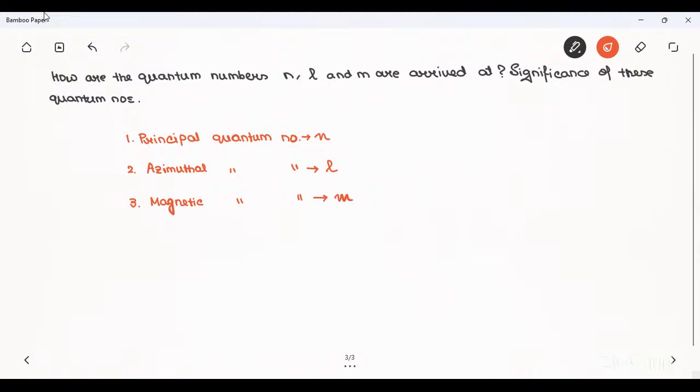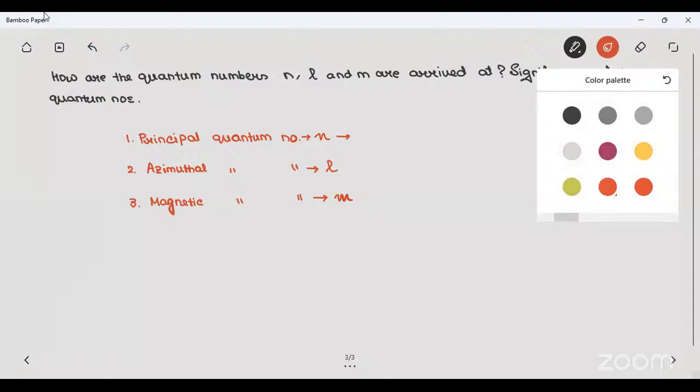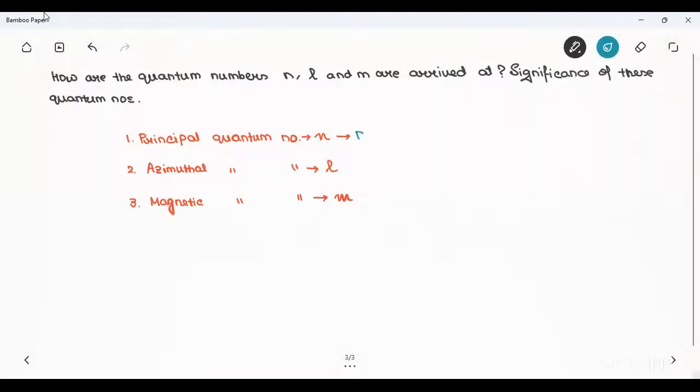So the principal quantum number was introduced by Niels Bohr and it reveals the size of the atom. Second is the azimuthal quantum number.